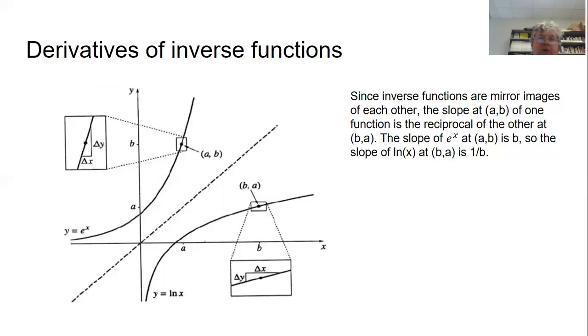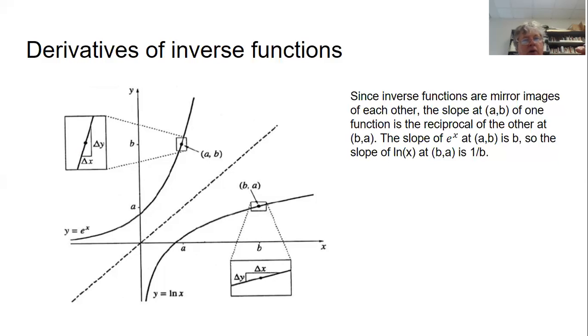So it all follows from the geometry of inverse functions because they're mirror images of each other. We reflect along that line y equals x to swap x and y. So if you remember, if (a, b) is on a function, then (b, a) is on its inverse. You look at the slope at the point (a, b), you get a rise over run.